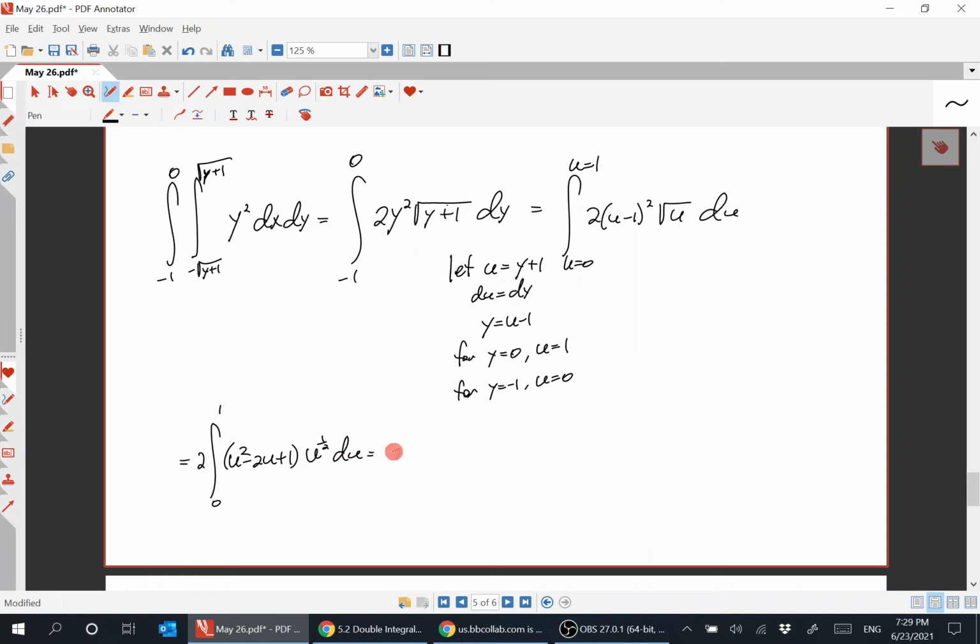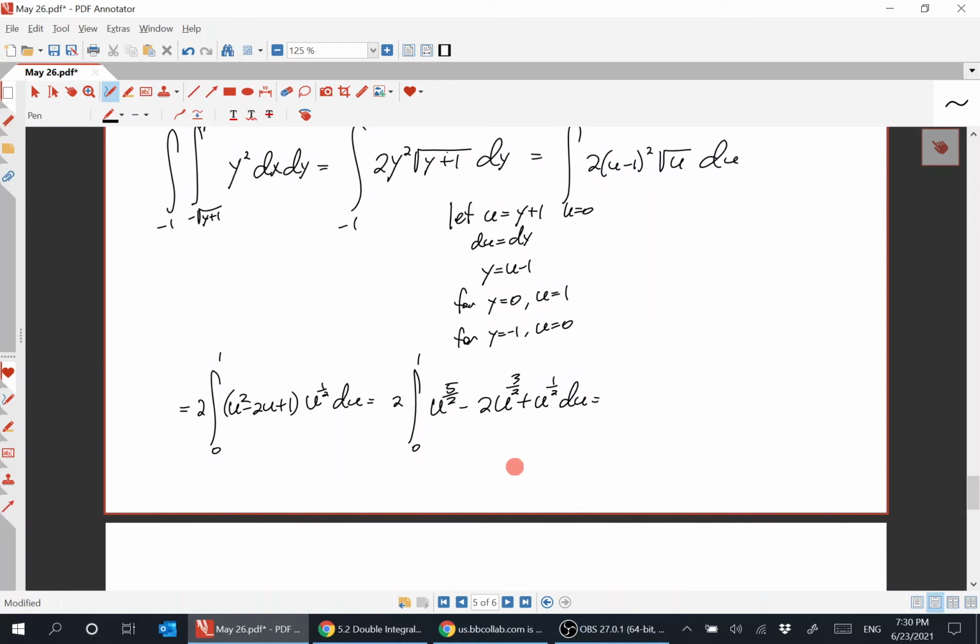So this is 2 times the integral from 0 to 1 of u to the 5/2 minus 2u to the 3/2 plus u to the 1/2 du. Right, so this is fine. It's all just rational exponents. So we know how to do the positive rational exponents. So the antiderivative is no problem. Just use the reverse of the power rule.